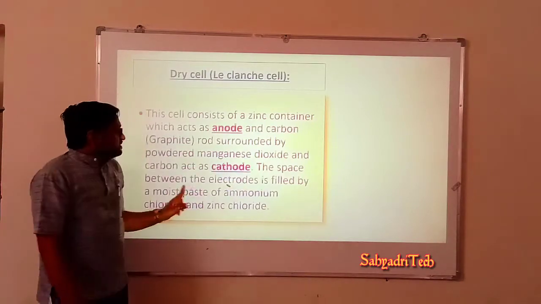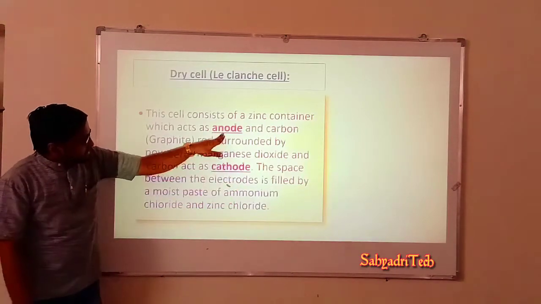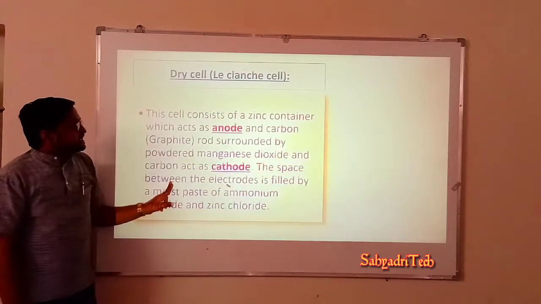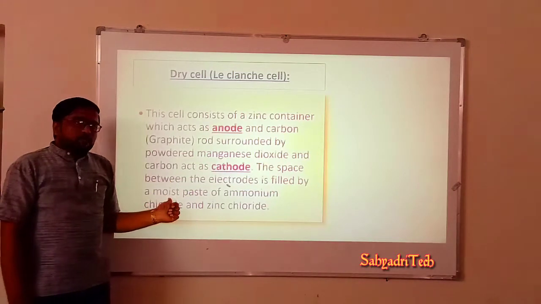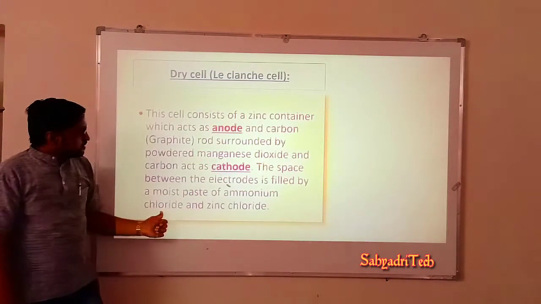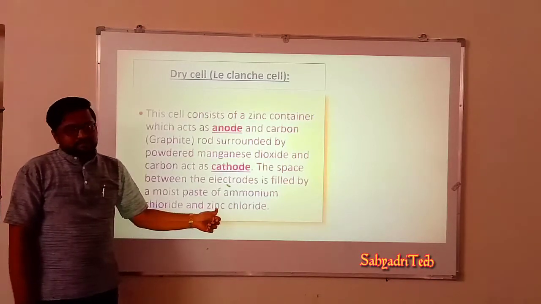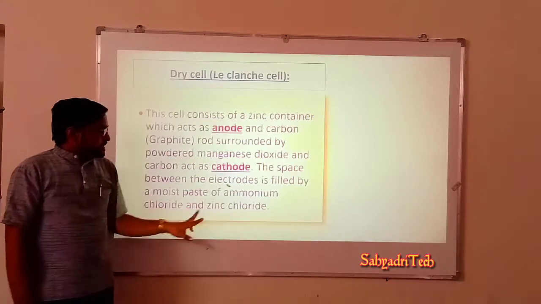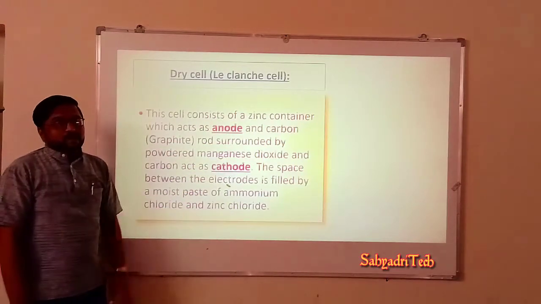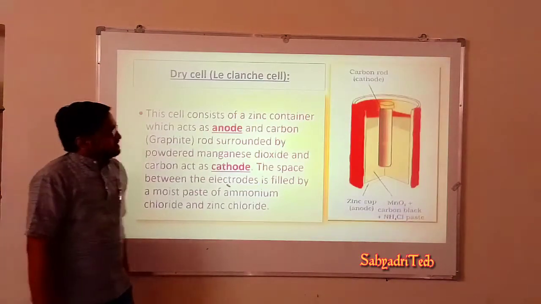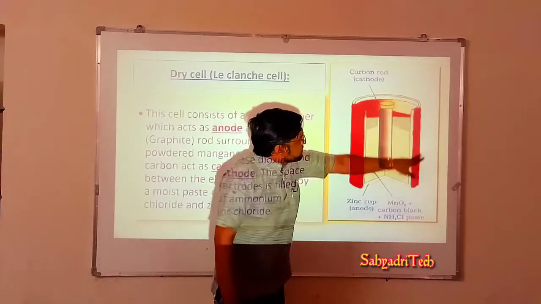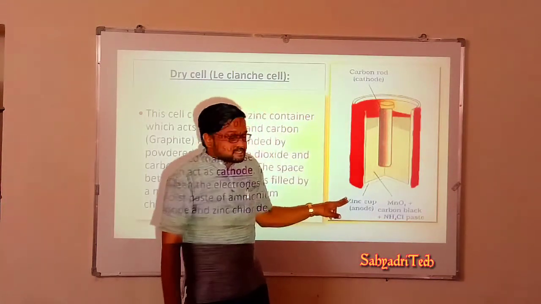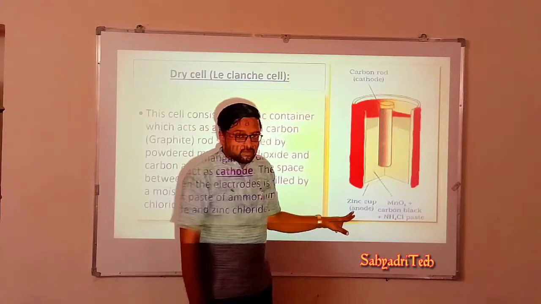The space between the electrodes, in between anode and cathode, whatever empty space is present, that space between the electrodes is filled by a moist paste of ammonium chloride and zinc chloride. So externally, the outer container is a zinc cup, or I can say zinc container, which acts as the anode.